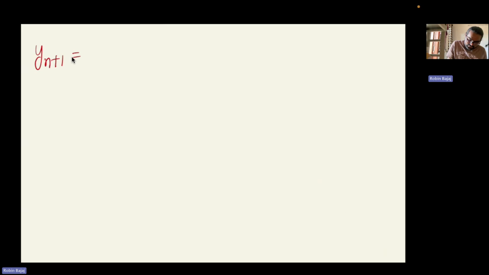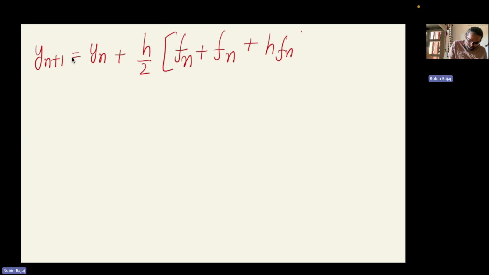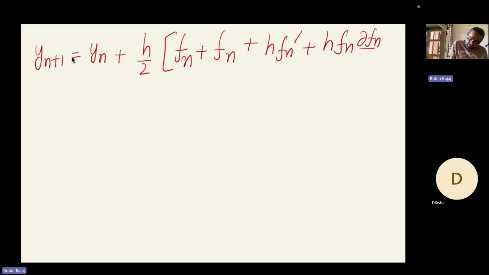So yn plus 1 is equal to yn plus h by 2 times the first term, which is f at n, plus the second term, which we expanded just now: fn plus h times fn bar plus h times fn del f by del y at n, plus order h square.